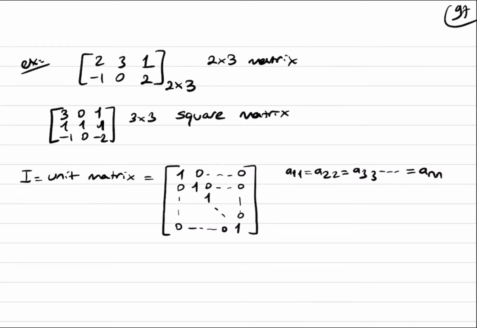Let's say we have an n by n square matrix, and aij is equal to 0 when i is not equal to j. Then I is the n by n unit matrix.